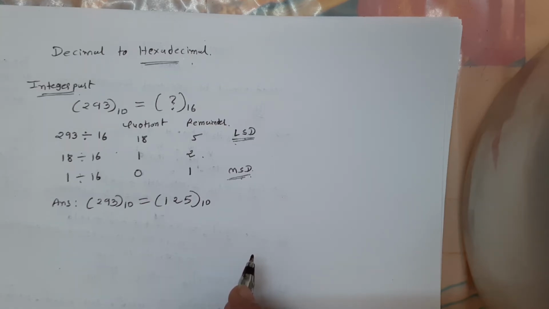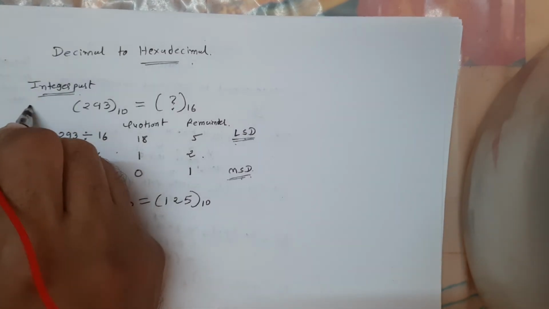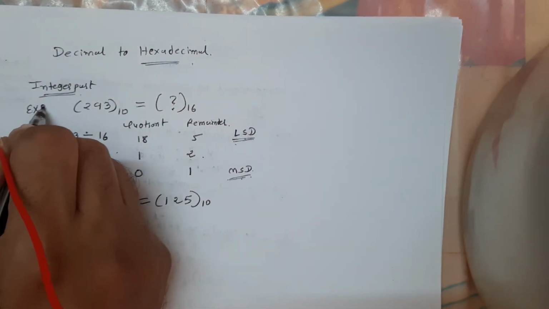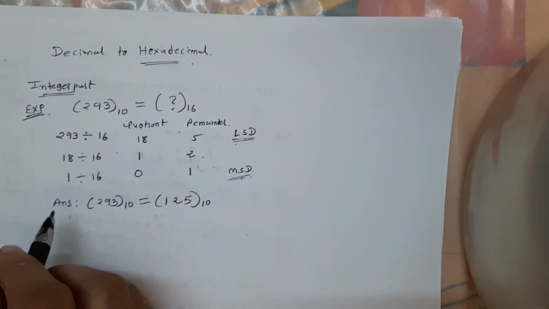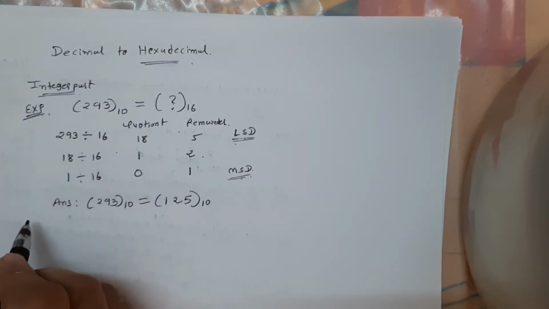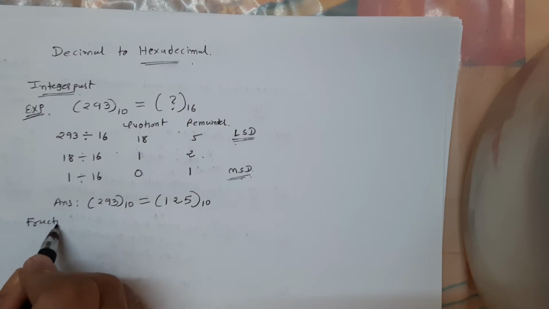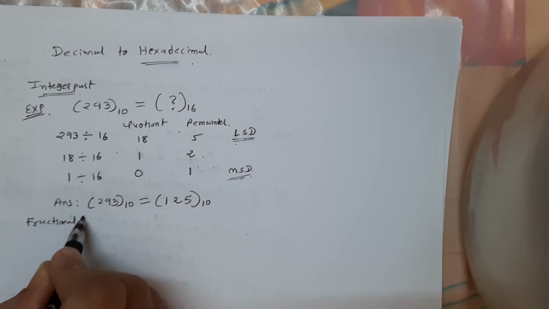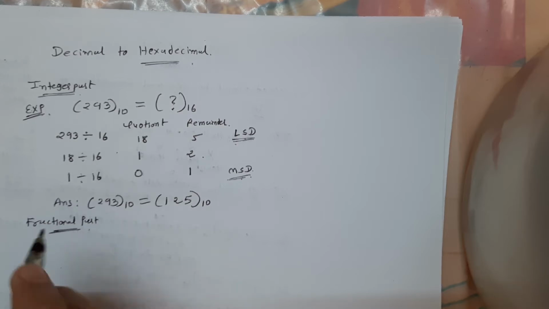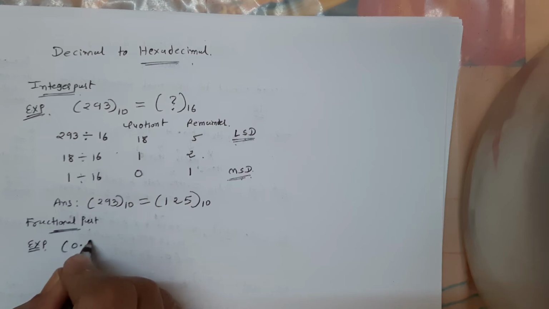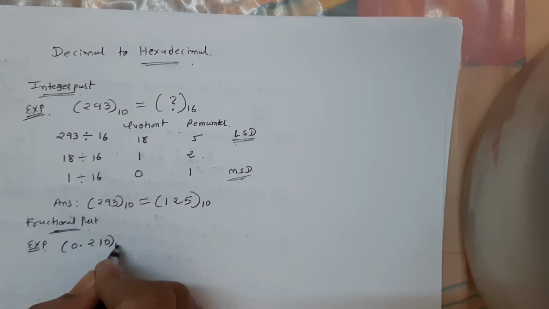What about the fractional part? This is your example for the integer part, this is your example for the fractional part. Your example is 0.210 decimal.